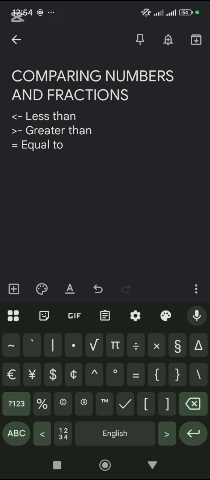We have other symbols, but those are really for inequalities.